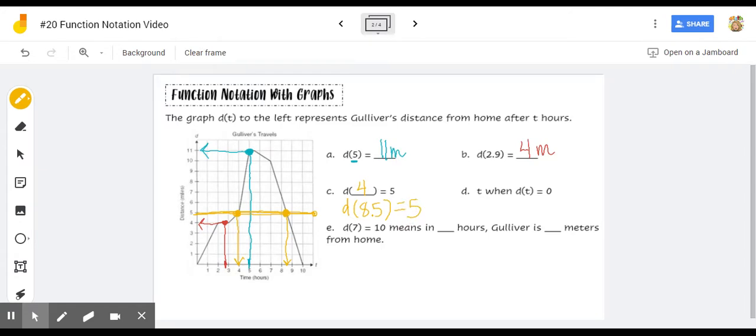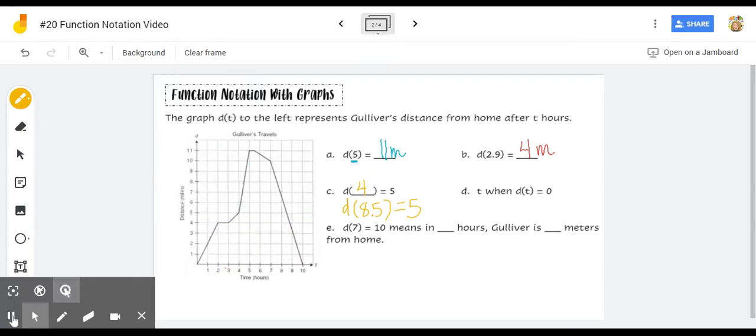All right, now last but not least, we're looking for what value of t would make our distance equal to 0. So where am I at 0? Now there's a lot going on here. So at the time that our distance is 0, it means he hasn't moved. How much time has gone by?